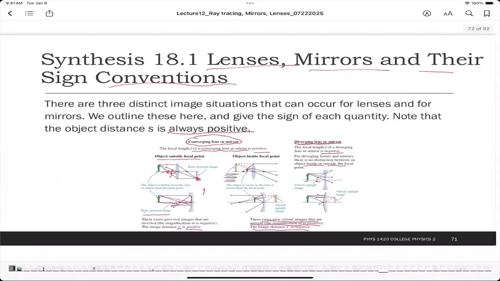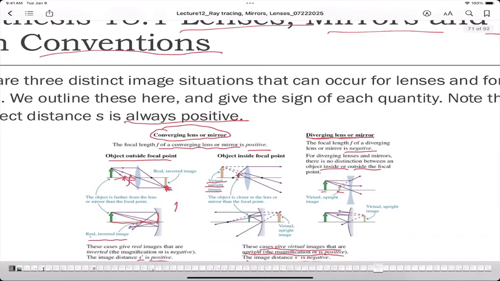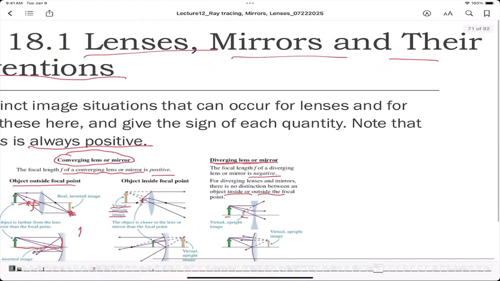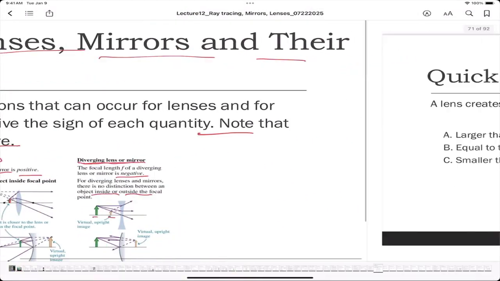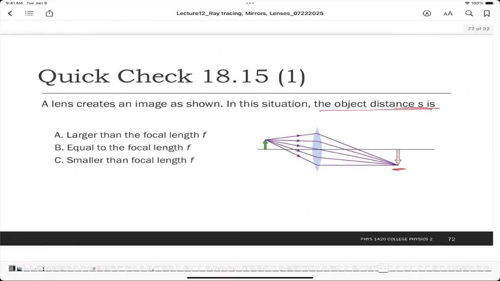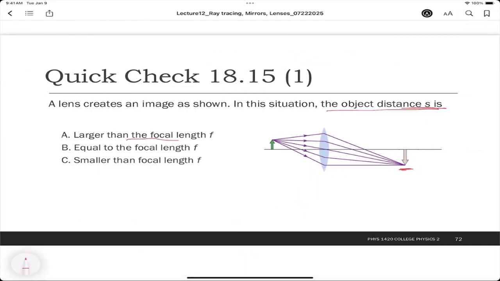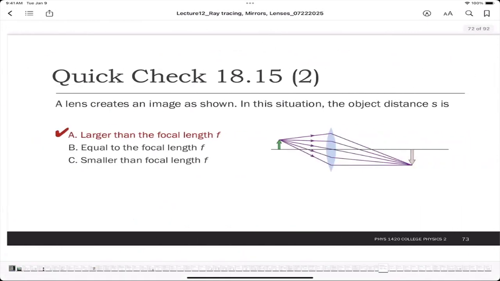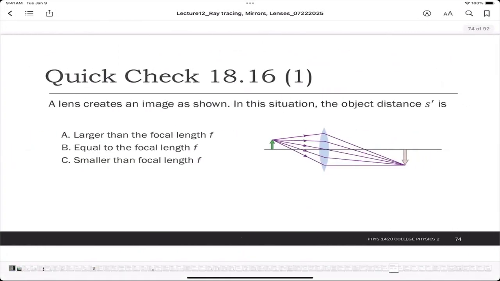Am I right? So the object should be outside the focal point, which means it is larger than the focal length f. That makes sense to you. We have already talked about this. It is A.